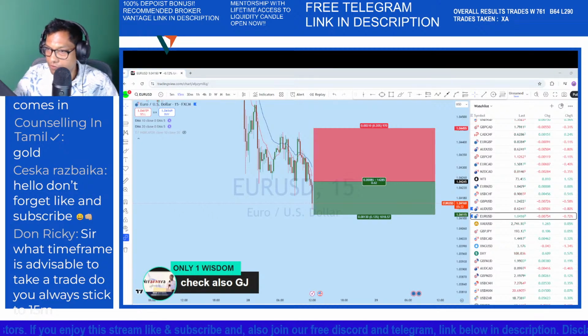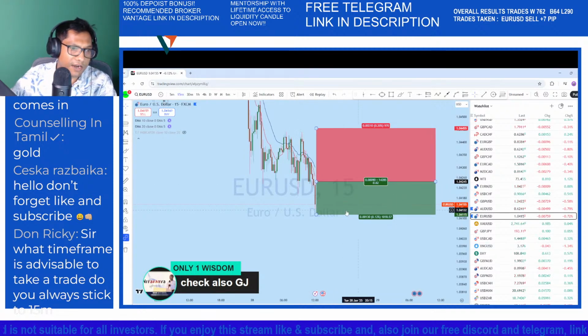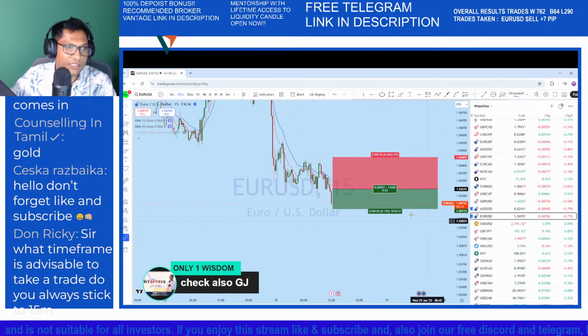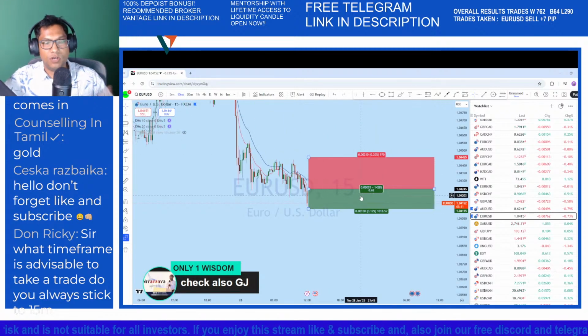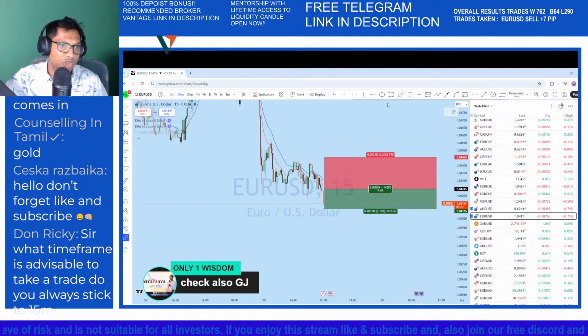Oh, this is a previous one. And if you guys look at it, you can see the market here. This is where yesterday, if you looked at our previous trade on XAUUSD, a similar kind of structure has formed here.